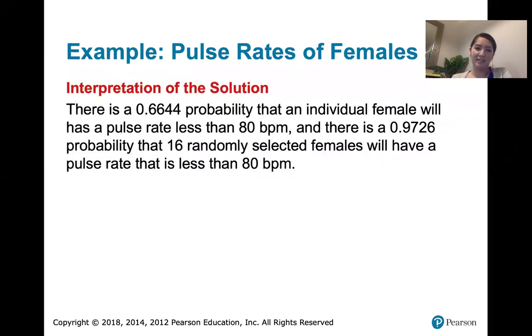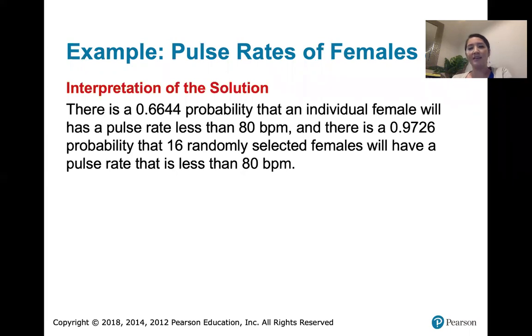Now here's our interpretation of the solution. It turns out that there's a probability of 0.6644 that an individual female has a pulse rate that's less than 80 beats per minute. So there's a 66.44% chance that a randomly selected female will have a pulse rate that's less than 80 beats per minute.